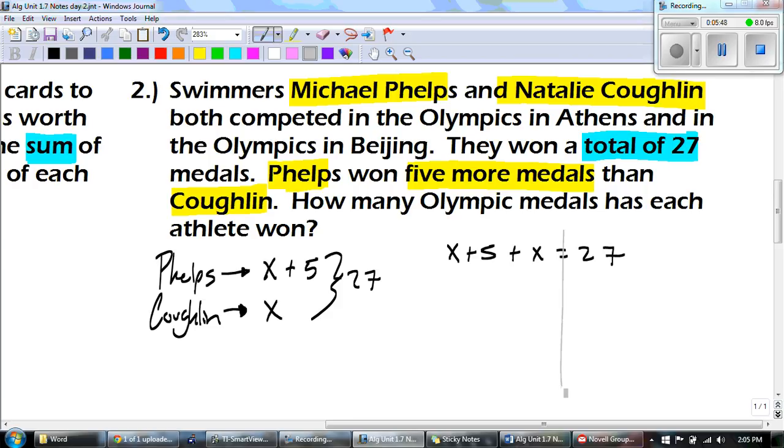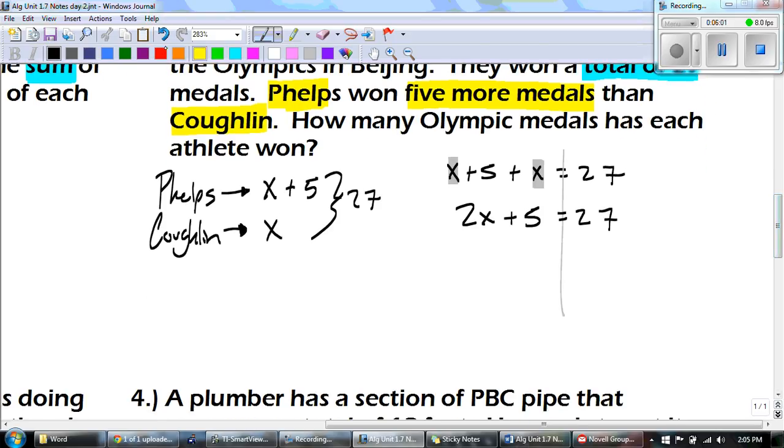And it's the same thing, guys. I need to combine like terms to get 2x plus 5 equals 27. To solve, I'm going to subtract 5 from both sides. I get 2x equals 22. And then to solve for x, divide by 2. x equals 11.